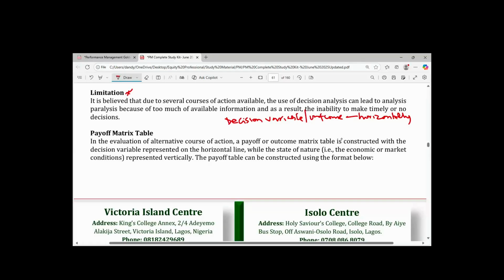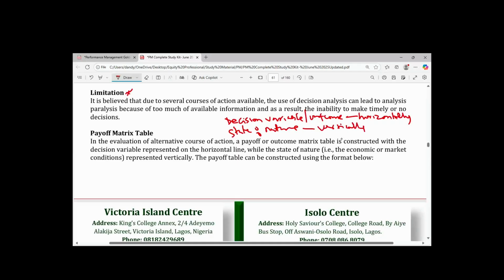You can have optimistic, pessimistic, or most likely. You can have a boom, you can have a recession in the economy. So whatever the state of nature, as far as the payoff matrix table is concerned, the state of nature should be represented vertically.